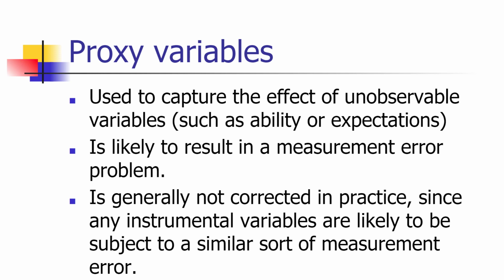So generally speaking, when measurement error is present, we'll report that in writing up our results, but in general, it's often not corrected because it's difficult to find very good instruments.